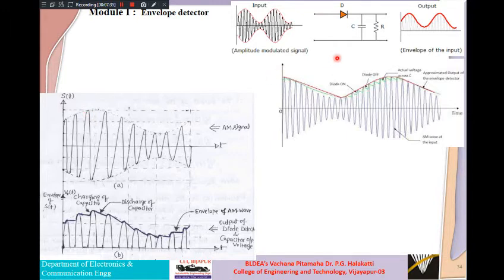So after that what will happen, as your input s(t) will not stop at the peak, it will start decreasing. Meaning what is happening here, now your capacitor is charged up to the positive peak, it has got the peak voltage across it, but s(t), which you are applying at the anode side, will start decreasing. The voltage during the second half of the positive peak will start decreasing at the anode side compared to the cathode side, because at the cathode side we still have the same peak voltage stored in the capacitor.